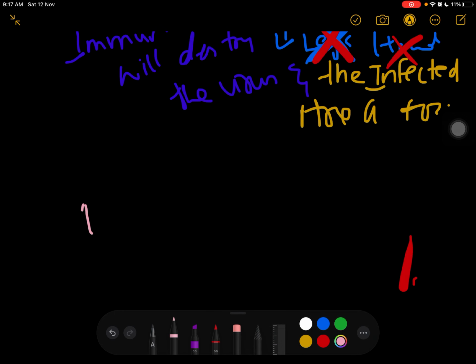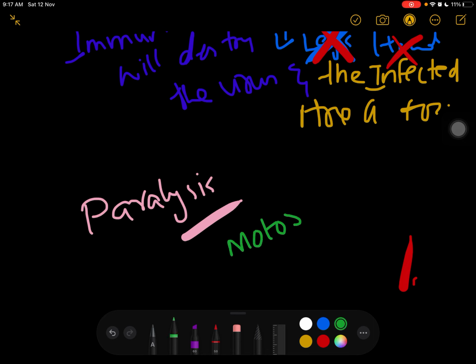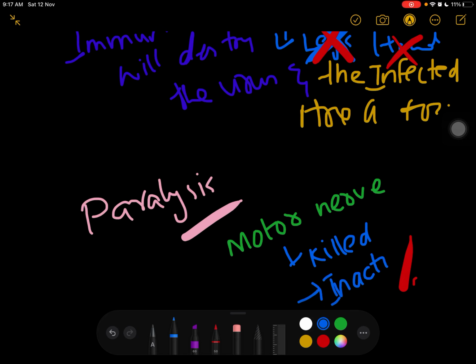So what will happen? Paralysis will occur. Why? Because the motor nerve has been killed, or you can say inactivated, by our immune system.